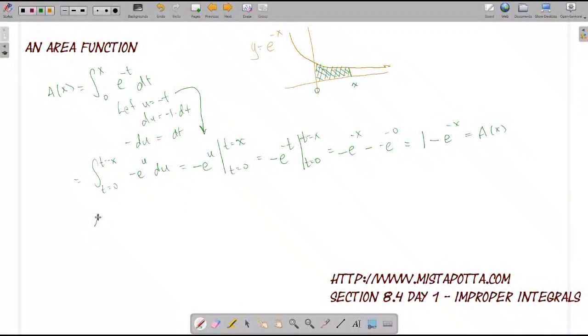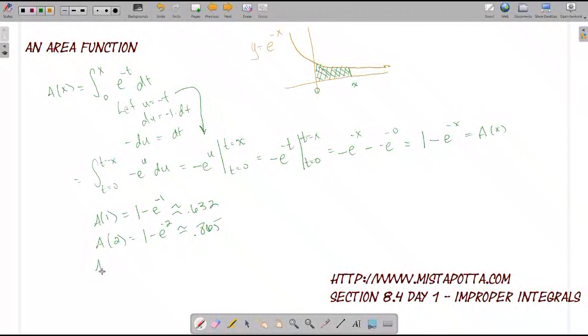And I can even substitute some value. So if I want the area up to x equals 1, this would be 1 minus e to the negative 1 power, which is approximately 0.632. If I want to find the area up to x equals 2, that's going to be 1 minus e to the negative 2, which is approximately 0.865.